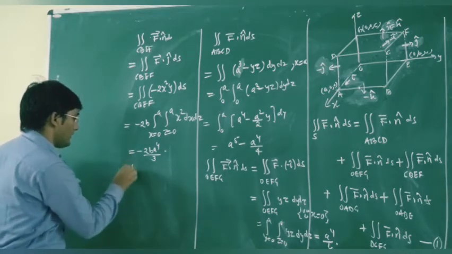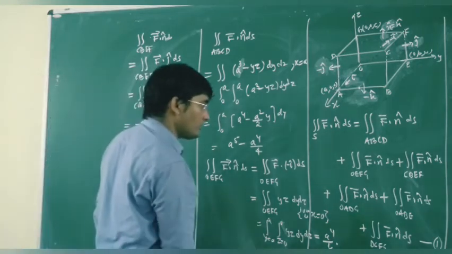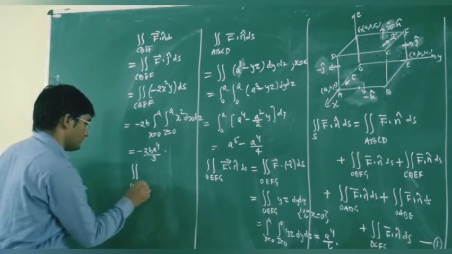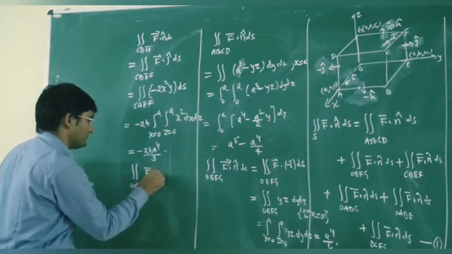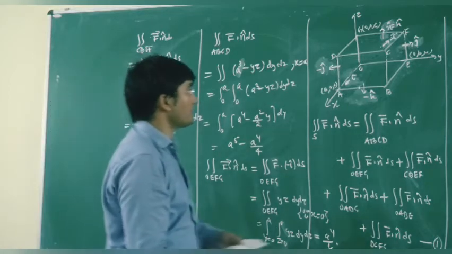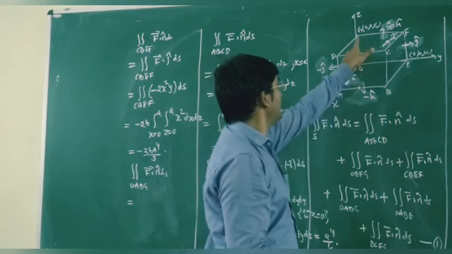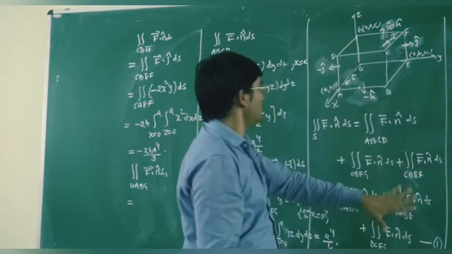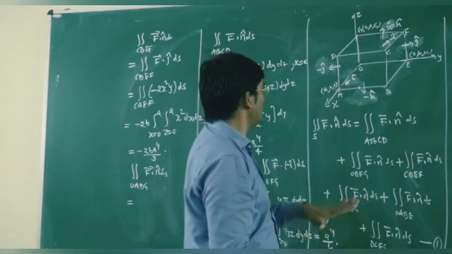Now the fourth integral is OADG, f dot n ds. This is your OADG, again in the xz plane. So for this we have y equal to 0.